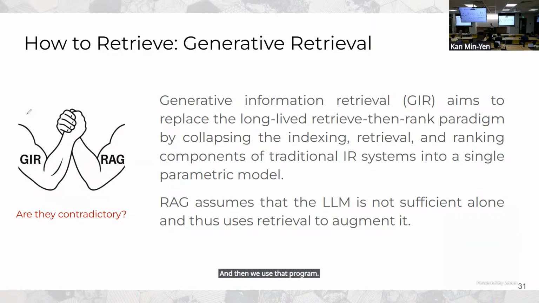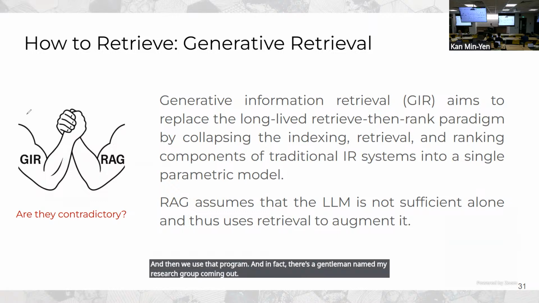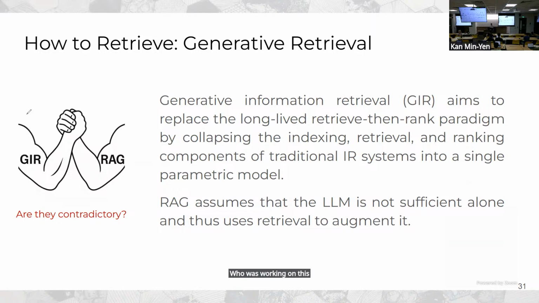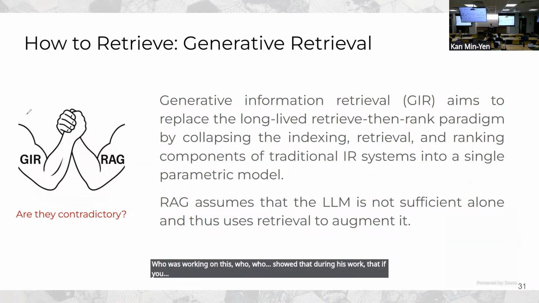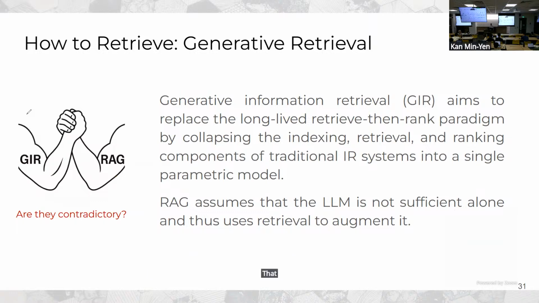And in fact, there's a gentleman in my research group, Tong Yao, who was working on this, who showed that if you ask a person, or in this case, the language model, to recite information that it's memorized, it can do a better job of answering some questions.